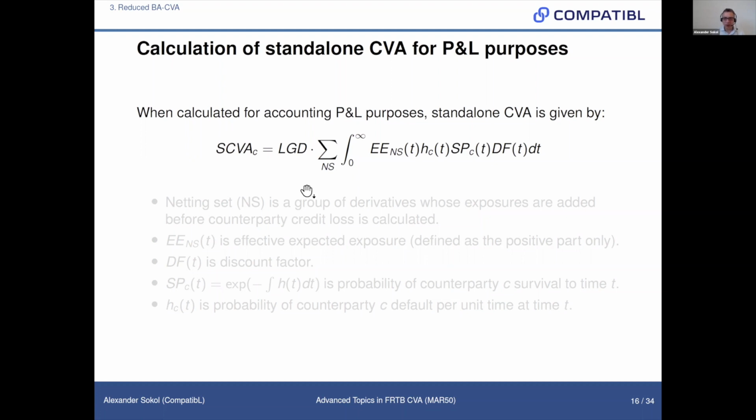All right, so now this is the sum over a netting set. So a netting set is a group of derivatives whose exposures are added before the counterparty credit loss is calculated. It's actually a bit of a surprise, because before the financial crisis, when default of a financial counterparty, a bank, seemed pretty remote, this was not widely appreciated in the market.